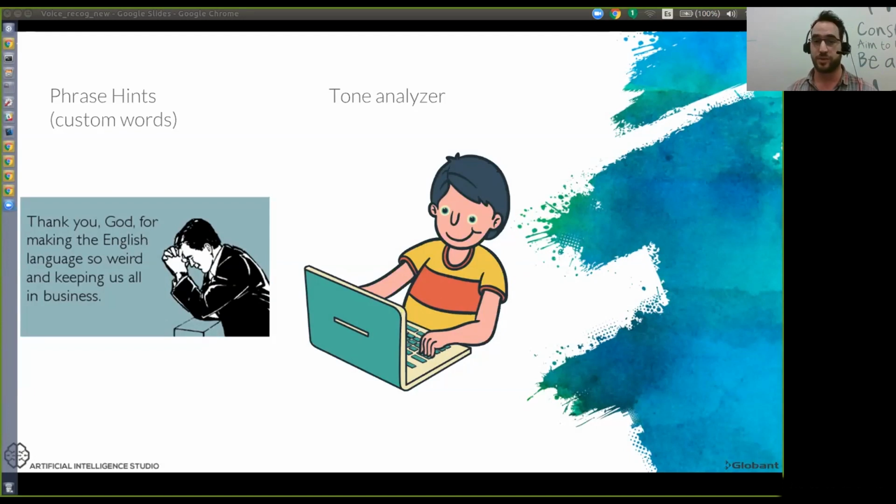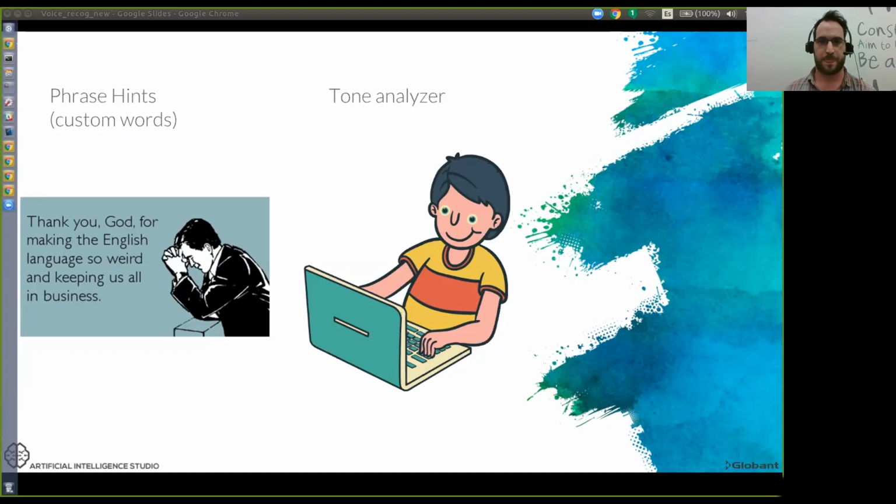This is especially useful for adding custom words and names to the vocabulary and in voice control use cases, because maybe your business has some special keywords that you want the system to remember, and you can customize that.